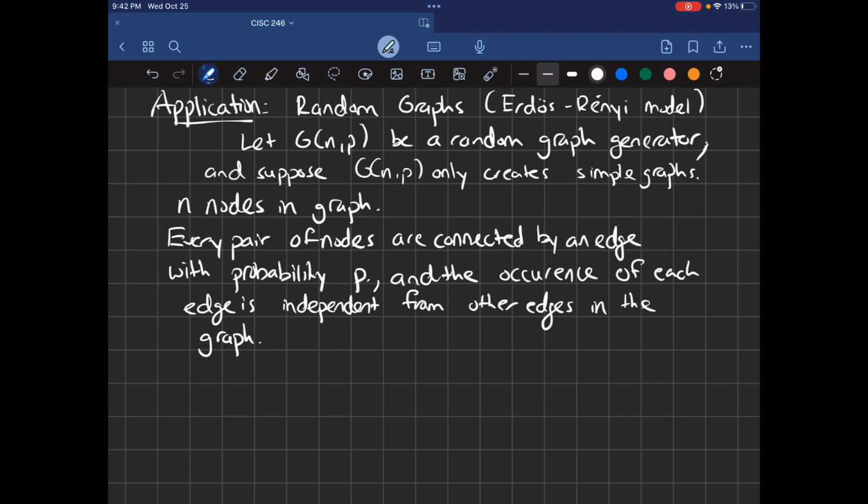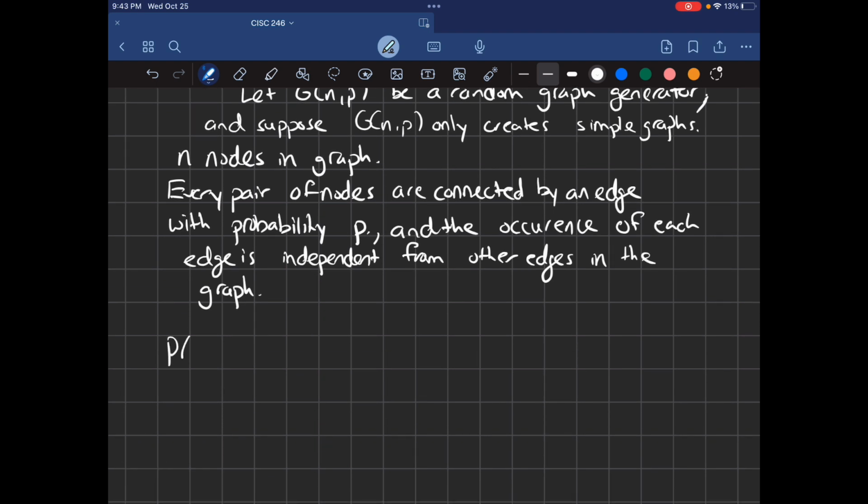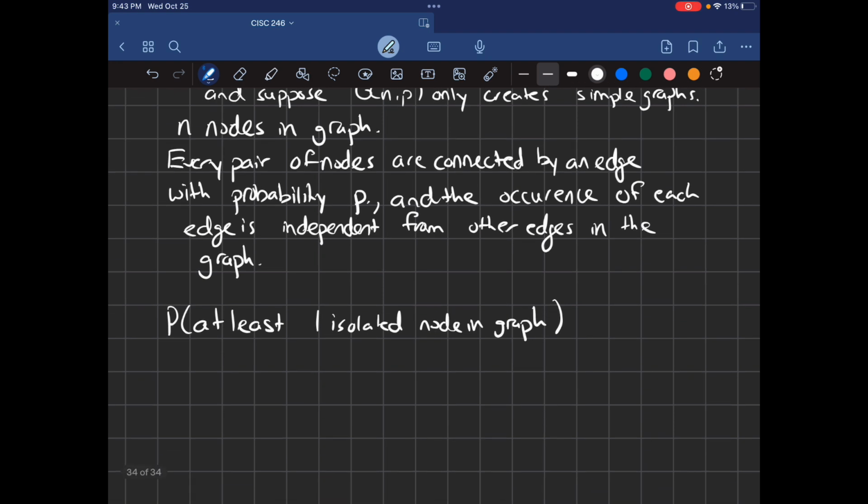All right. So what we're interested in this situation is we want to calculate the probability of at least one isolated node in the graph. So an isolated node is what you could imagine.